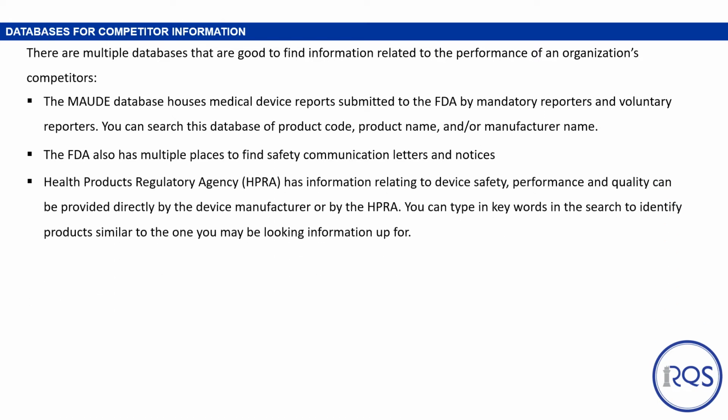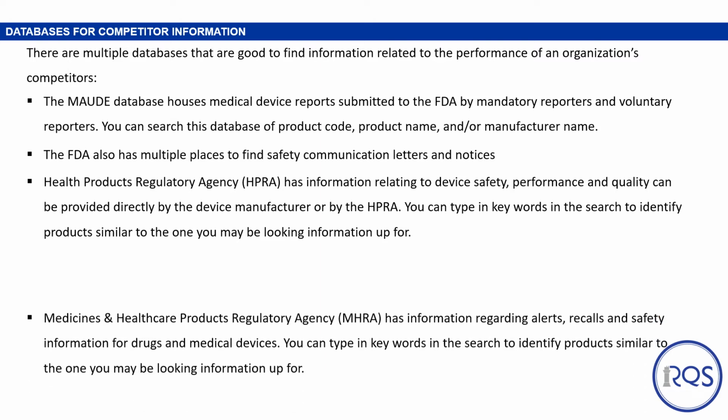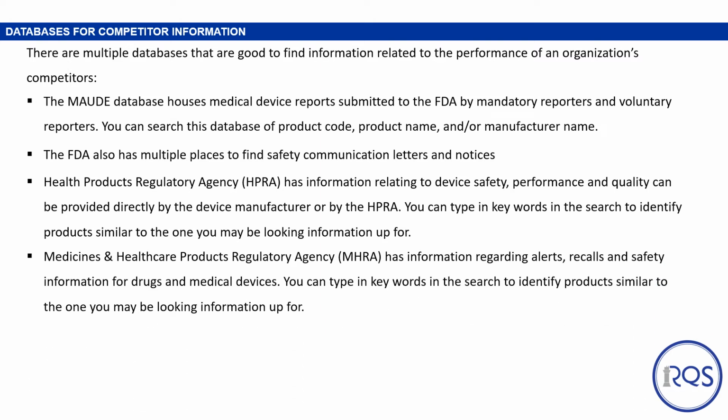Next, the Health Products Regulatory Authority, or HPRA, has information relating to device safety, performance, and quality that can be provided directly by the device manufacturer or by HPRA. You can type in keywords in the search to identify products similar to the one that you may be looking for information for. Next, the Medicines and Healthcare products Regulatory Agency, or MHRA, has information regarding alerts, recalls, and safety information for drugs and medical devices.